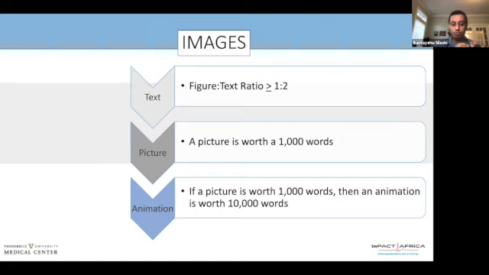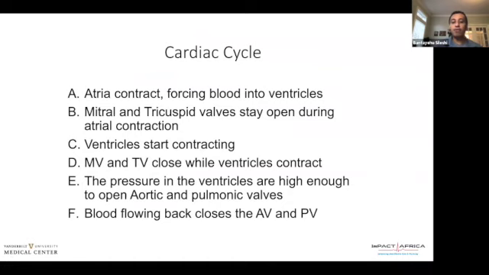So by just showing someone an image, you can save a lot of words and convey a message better. And then somebody else added, if a picture is worth 1,000 words, then an animation is worth 10,000 words. So a properly done animation could even help you get your message across better.